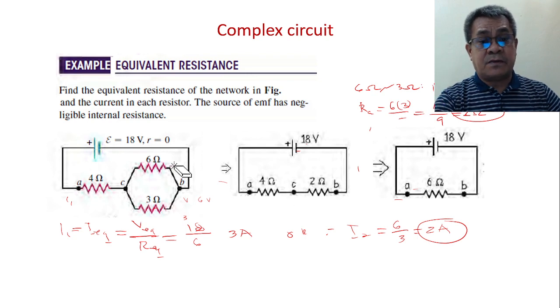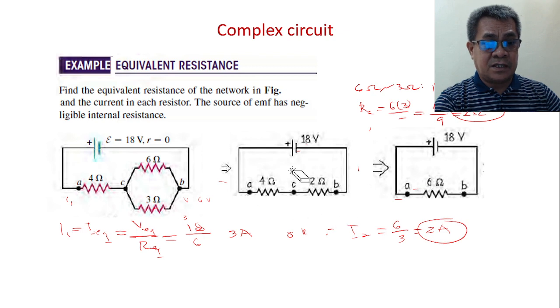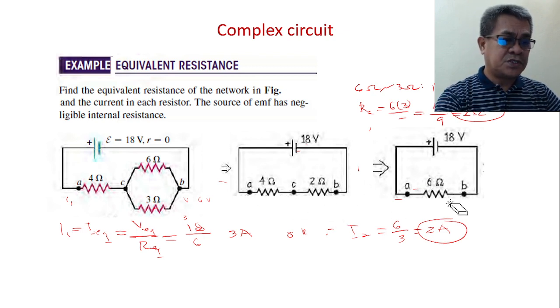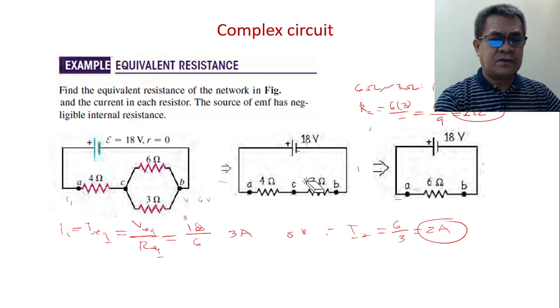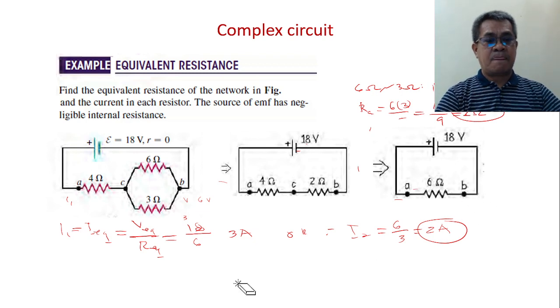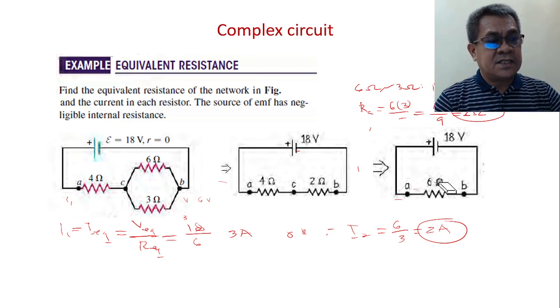So from complex, we have this series, and we can combine this as one, and this is now a simple circuit, one source, one load. And this 6 ohms is adding 4 ohms and 2 ohms. And this is, remember, 12 volts, which means that the potential difference from A to B is also 12 volts. Now, therefore, the 6 ohms is the answer to the problem.